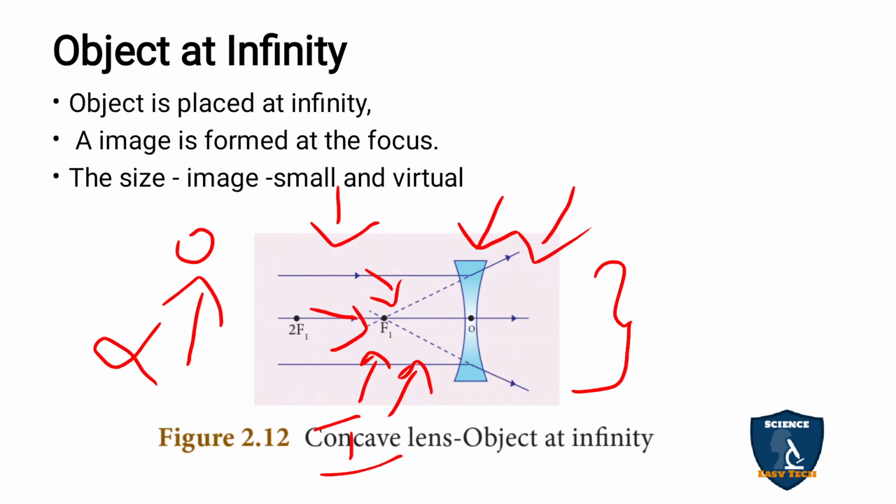Compared to the object size, the image size is smaller. So the image is small and virtual. Virtual means it won't be clear, but the image is formed on the object side itself. Now you understood, no?